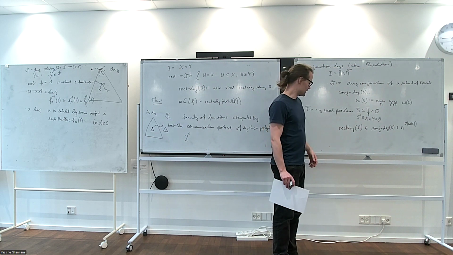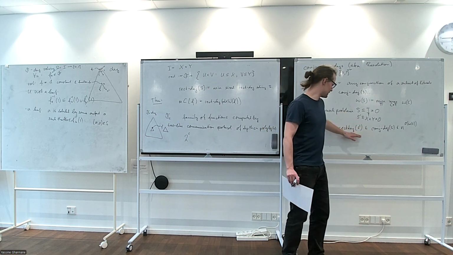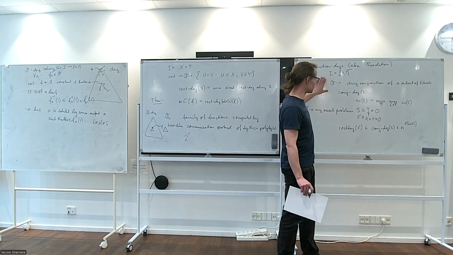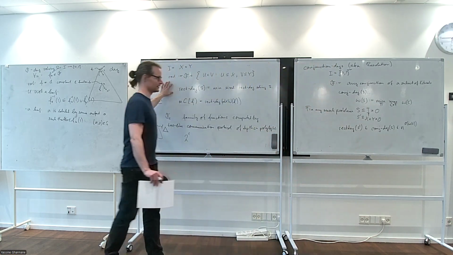And here I'm just saying that if anything is a conjunction, then it's also a rectangle over the bipartition.